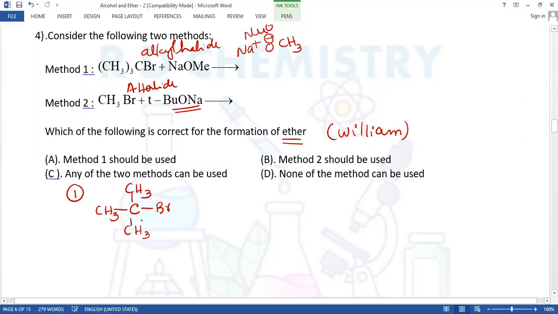So this is tertiary butyl bromide. It reacts with sodium methoxide, Na plus, O minus, CH3. Now this can act as the nucleophile, attacking the carbon atom, and the bromine atom should go out as the leaving group.